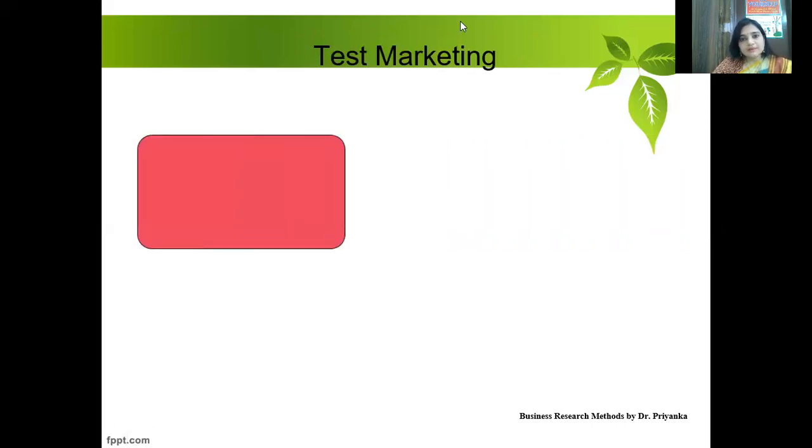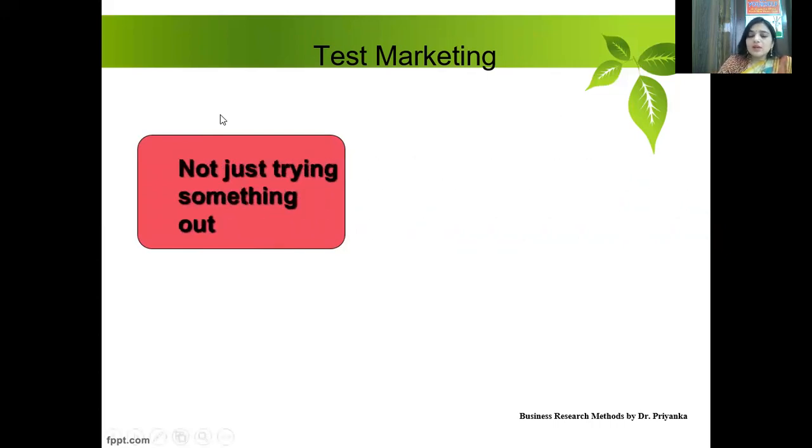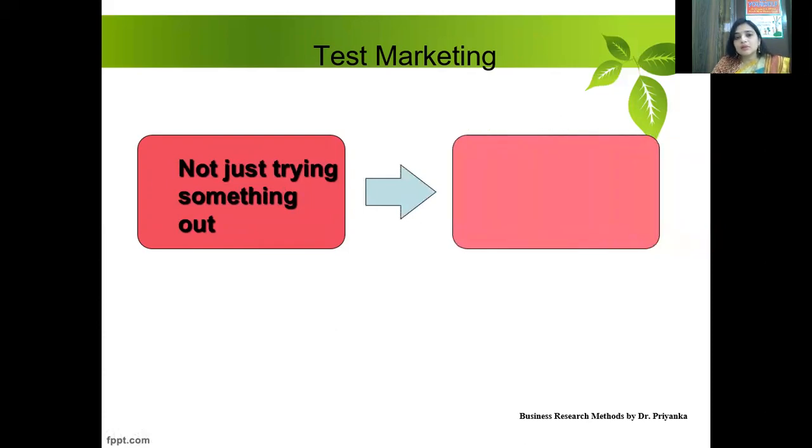Then test marketing. Why do we go for test marketing? It is not just trying something out. You are actually putting the product in the marketplace. It is actually scientific testing.